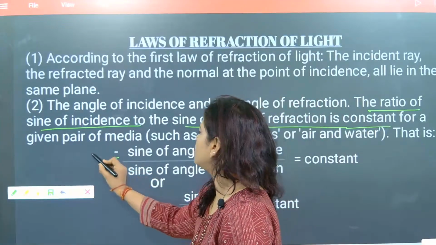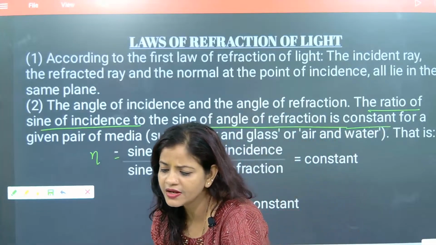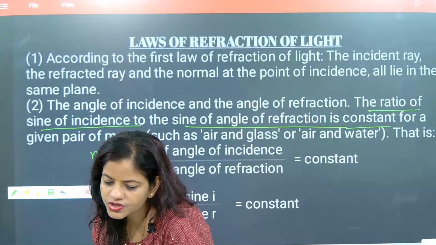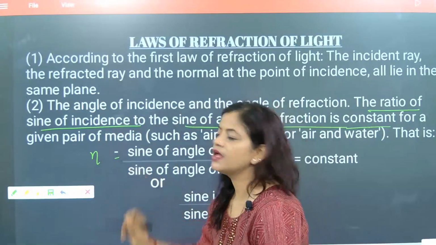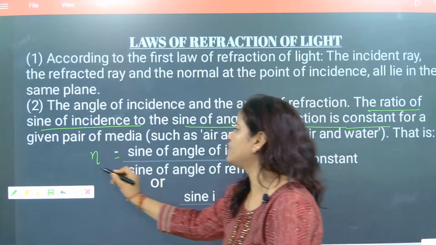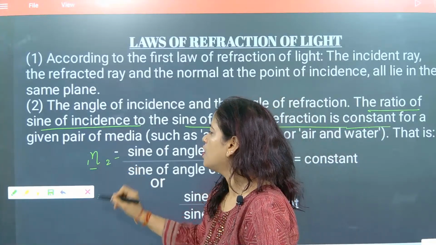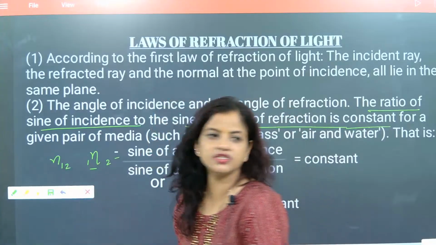Refractive index is usually denoted by this symbol. Here, either you can write 1, 2 like this, or you can write like this, on both sides.